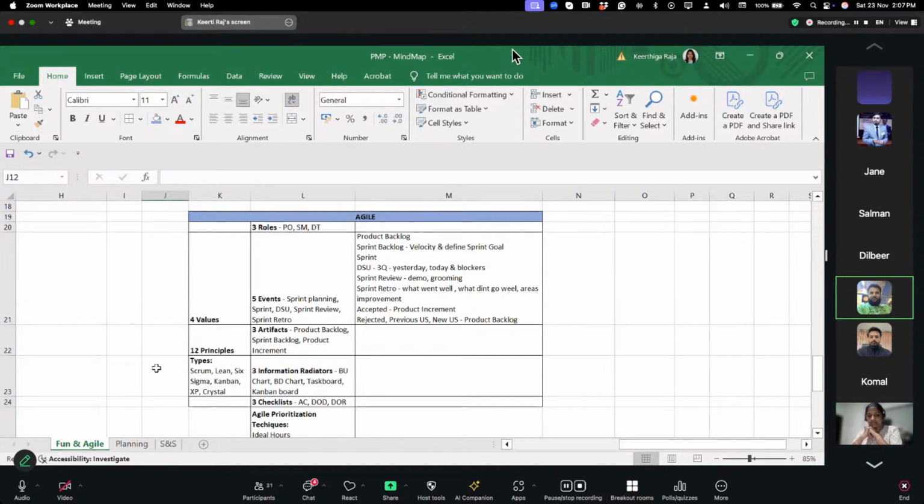There are 5 events in Agile's sub-methodology Scrum that we do: sprint planning, the sprint itself, the daily stand-up, sprint review, and sprint retrospective. In sprint planning, you will basically plan for the sprint by going into the details of how you allocate different story points and prioritize them, and then you take it up.